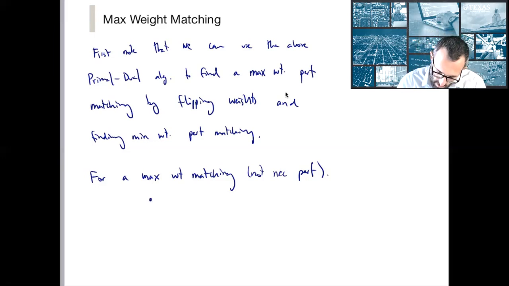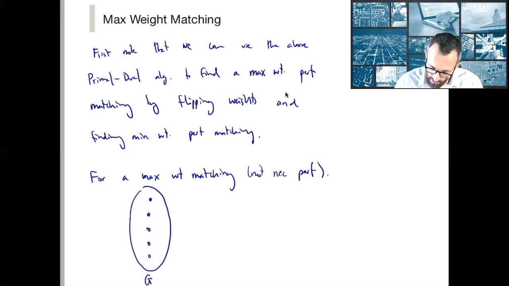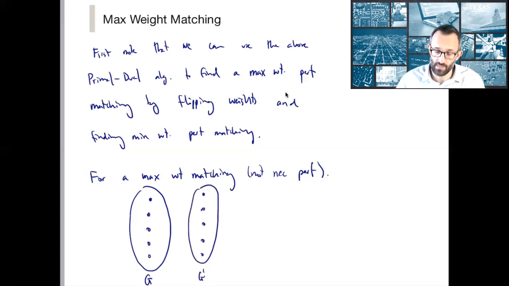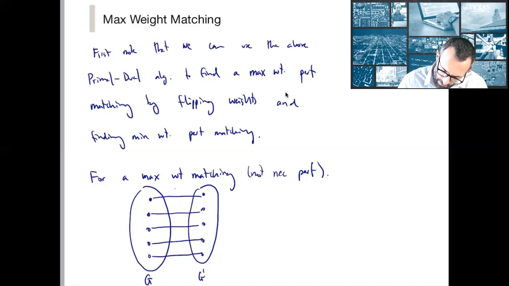So in other words, if this is my graph G, I just make a copy, G prime, with exactly the same nodes and exactly the same edges. And I guarantee that this one does have a perfect matching by planting it, except that I put weight 0. So now I have a graph, G union G prime, with these additional edges between V and V prime. And so I know that a perfect matching exists.